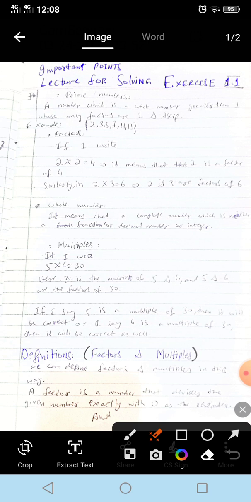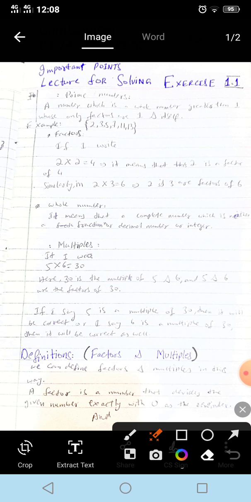Same meaning. If I say 30 is a multiple of 5, then it will be correct.